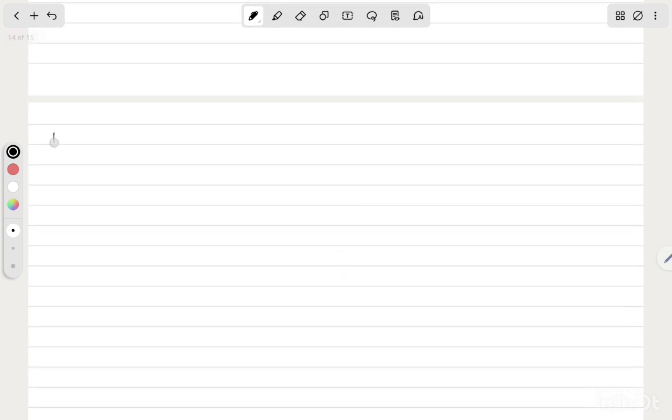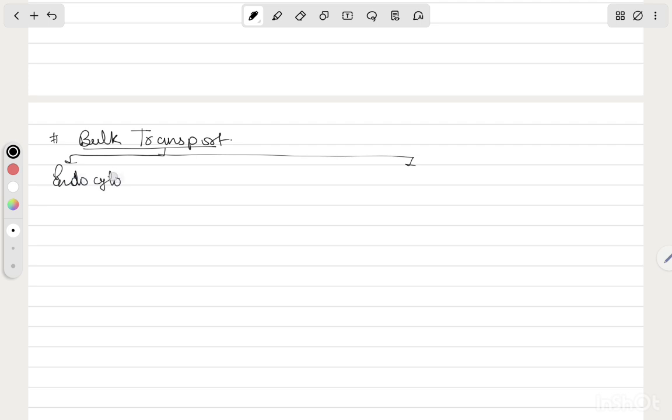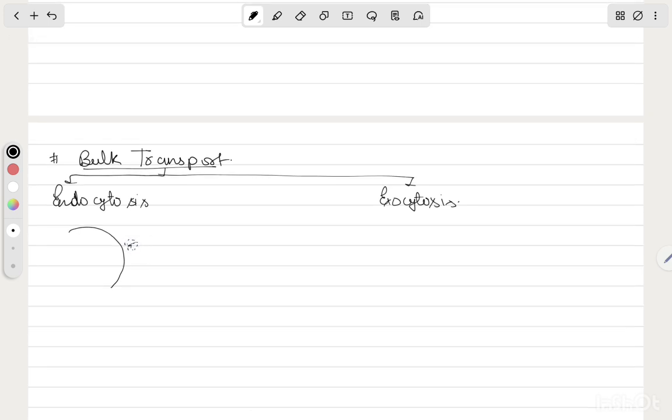Next is bulk transport. In bulk transport, we have two types of transport system: endocytosis and exocytosis. Suppose that is the cell membrane and a foreign particle is toward the outer side of the cell.